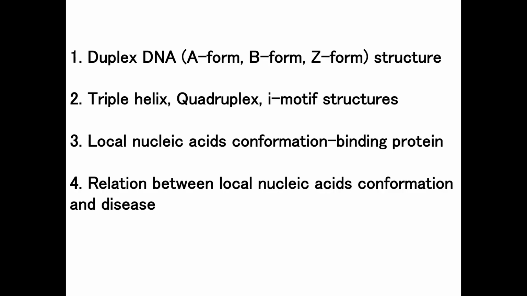Third chapter includes local nucleic acid conformation binding protein, for example, duplex and triple helix, quadruplex, I motif binding protein. And finally, I will explain the relationship between local nucleic acid conformation and disease.